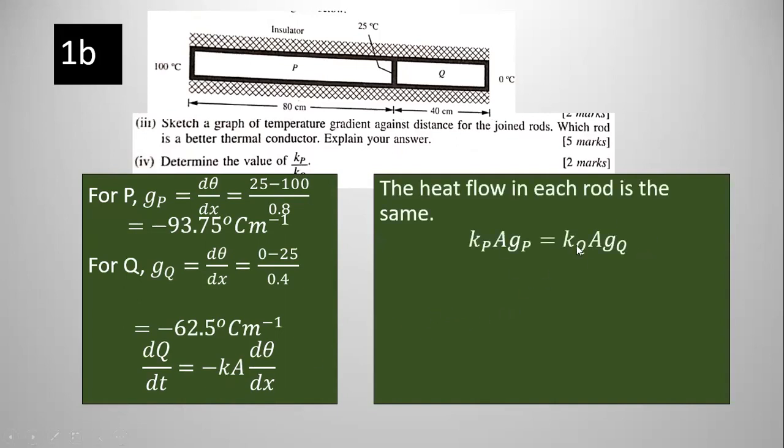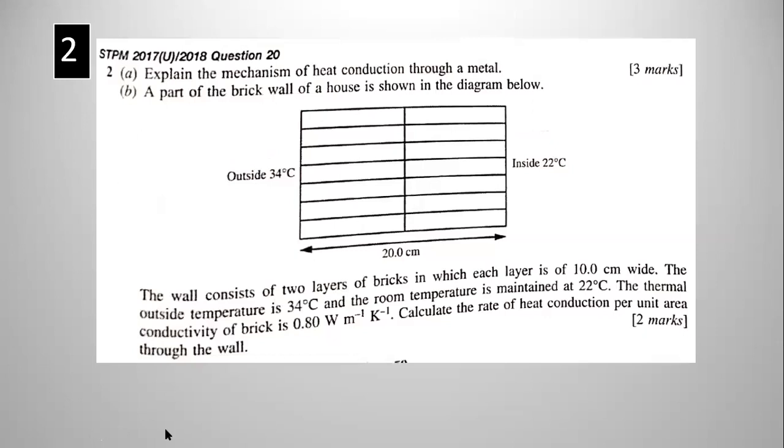Don't bother about the negative sign there, I just changed it to G. Then cross multiply, take the K down, A cancels off, take the G down, and put in your value. You have already calculated here and here. Okay with that? Actually, go back again.